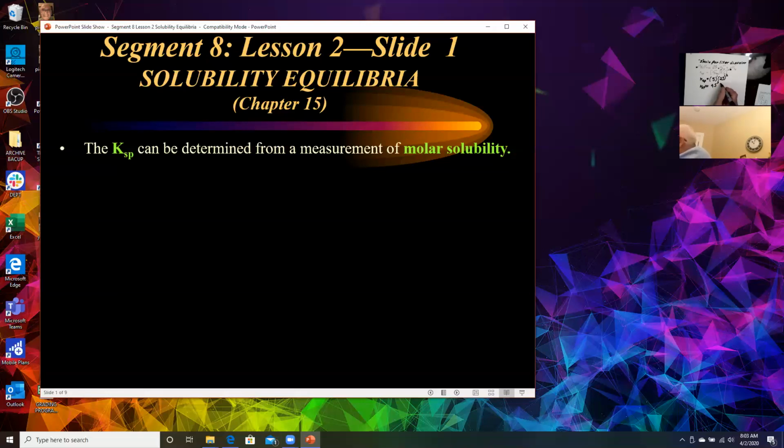So you see, if I can get the molar solubility of this compound, how many moles per liter will dissolve, then to get the KSP, I would have 4S cubed.